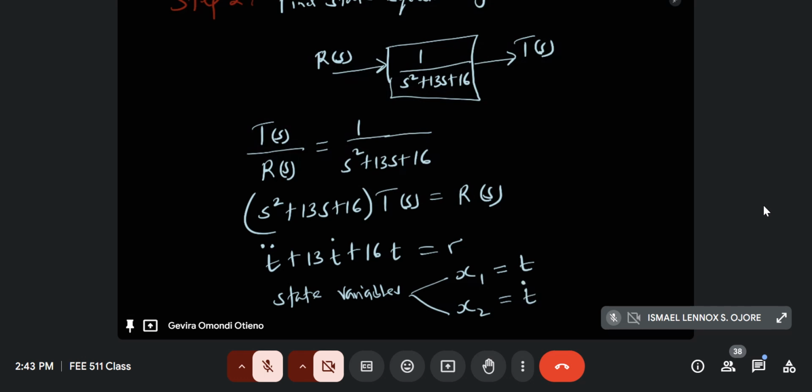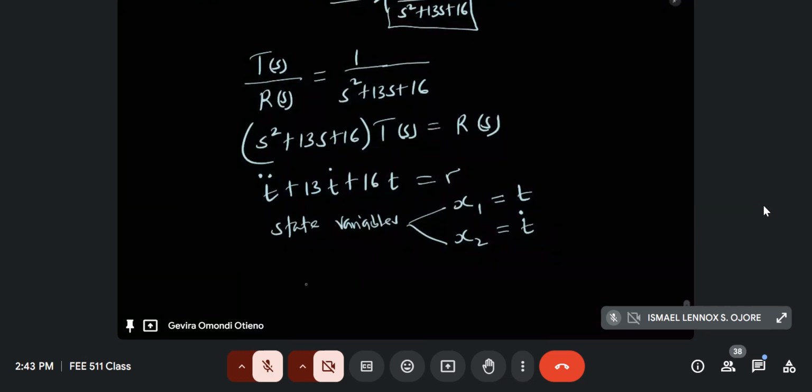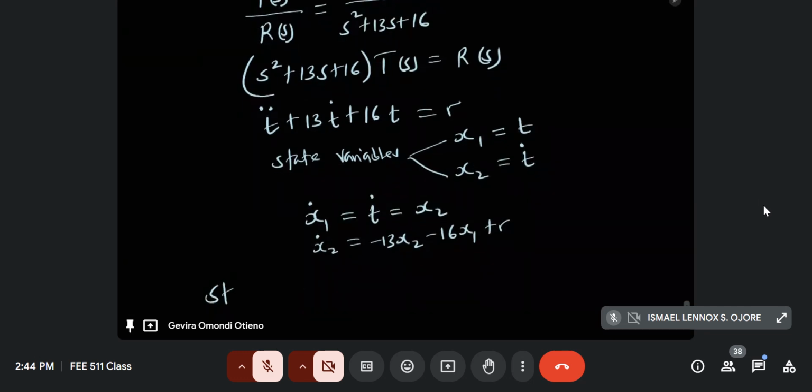If you differentiate those, you will have x1 derivative should be equal to, of course, t derivative, which is the same as x2, just like we did in the previous case. X2 derivative should be equal to minus 13 x2 minus 16 x1 plus r. Okay, and so you come up with your state equations.